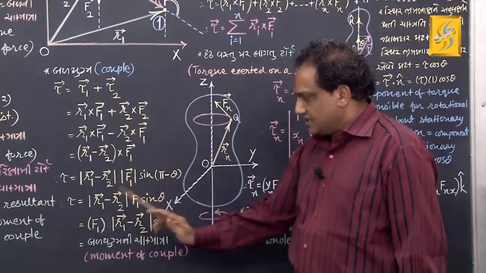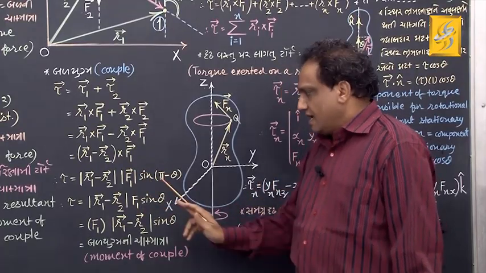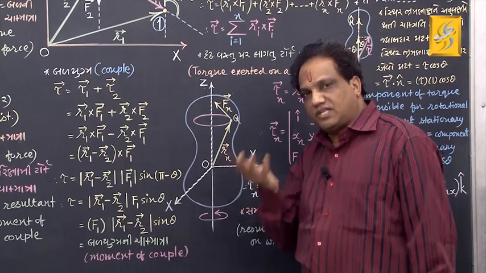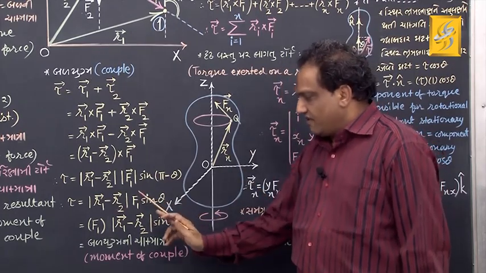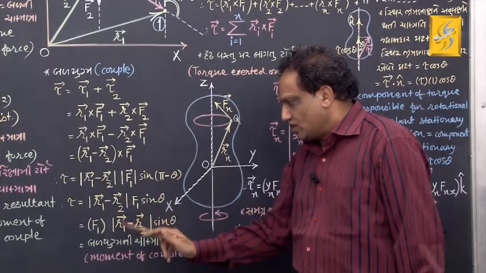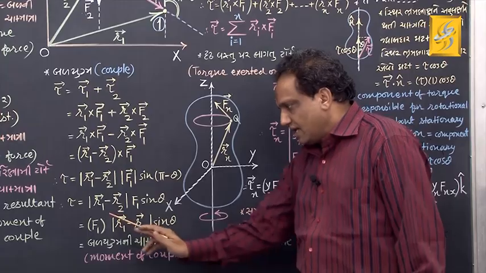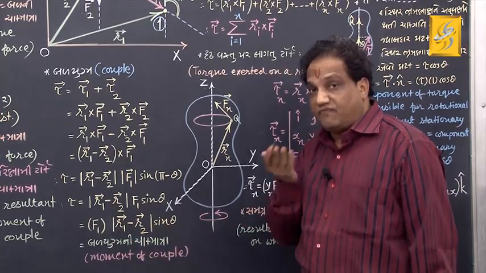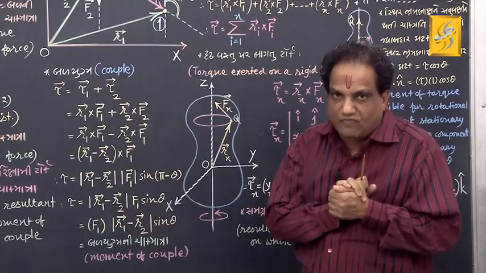Now this part as it is, magnitude of vector f1 will give you only f1, and sine of pi minus theta is as good as sine theta. Now this f1 I have written into modulus of vector r1 minus vector r2 into sine theta. Tell me, what is f1? Magnitude of first vector.